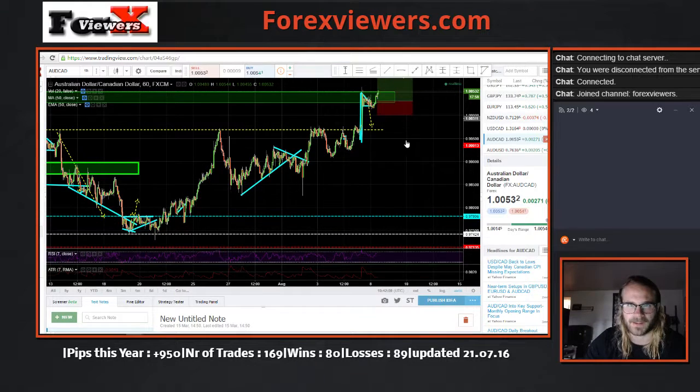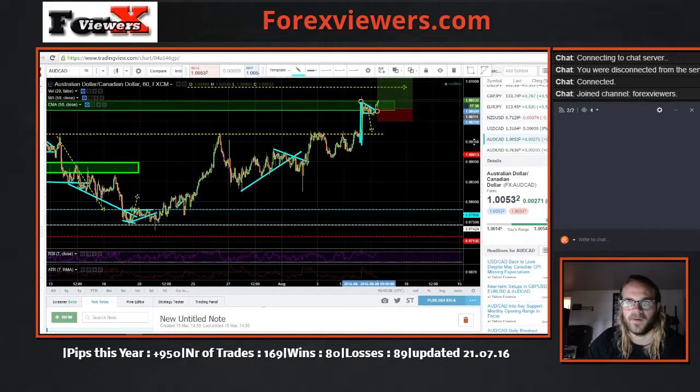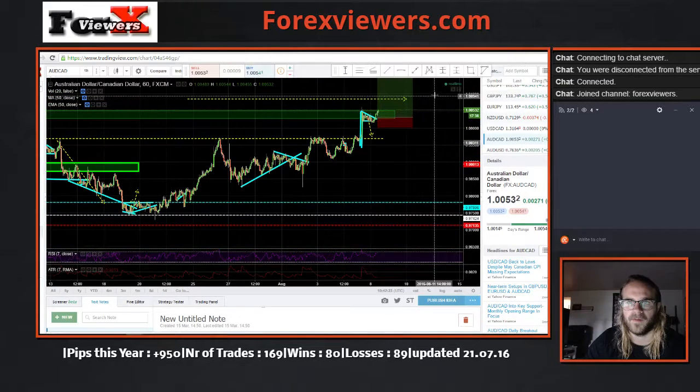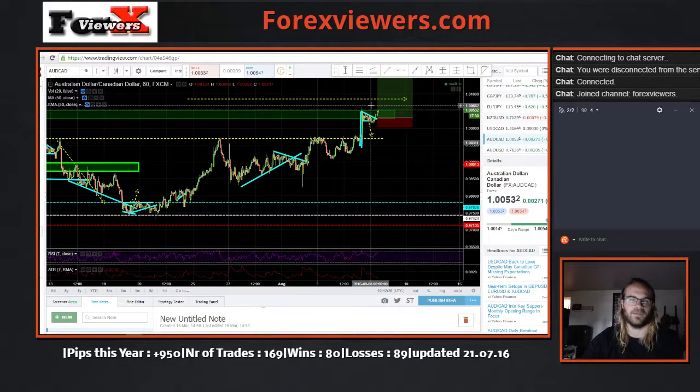The infamous Aussie cat. Got the break here. This flag pattern. Now it's just a matter of breaking this high. See if we're going to continue higher.